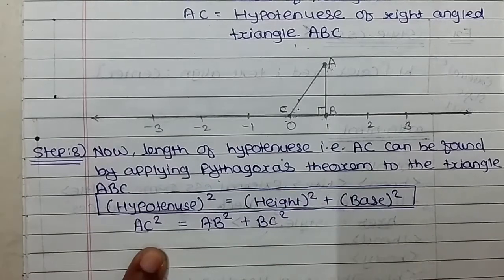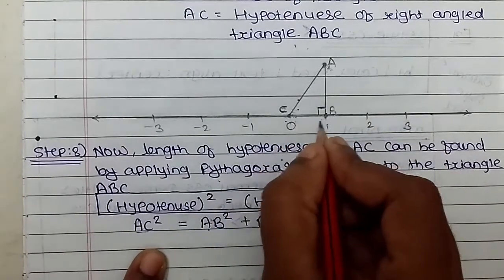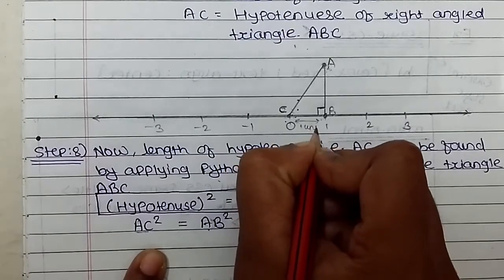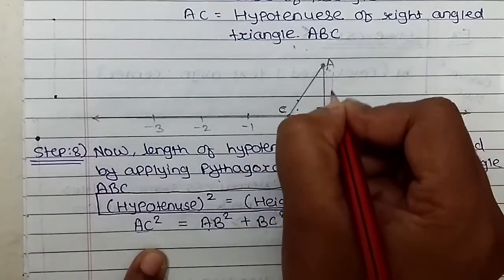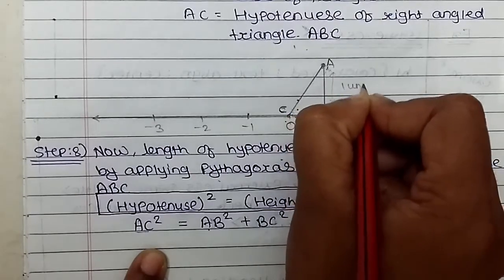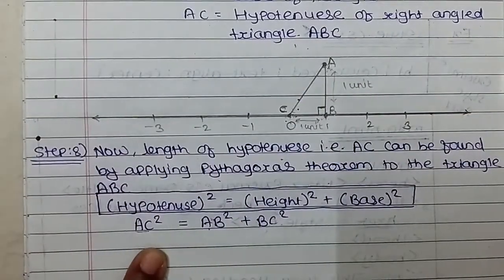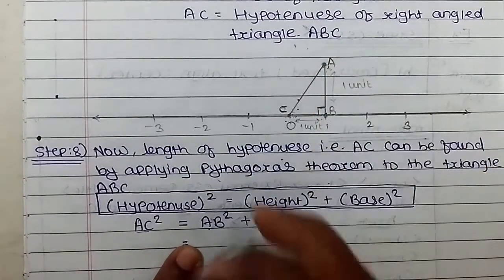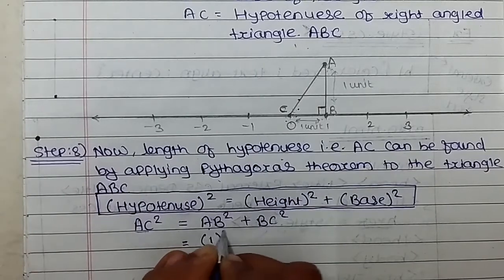Okay. Just tell me what is the distance between 0 and 1. That is 1 unit. Yes, 1 unit. And AB distance between AB, that is 1 unit. So tell me here, what is the value of AB? AB is 1. 1 square.